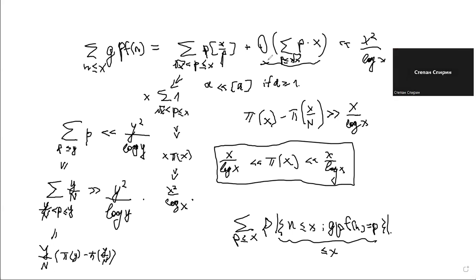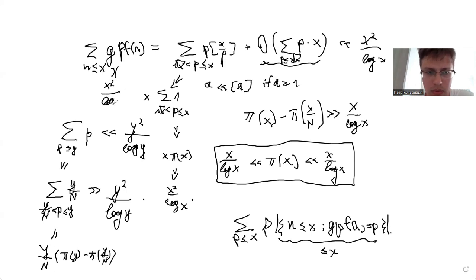So we just need to find the lower bound for the first term, and it turns out to be the same lower bound. So we proved that this is x squared over log x. And it turns out that actually it is asymptotically equal to some constant multiplied by x squared over log x, but of course it's harder to prove.